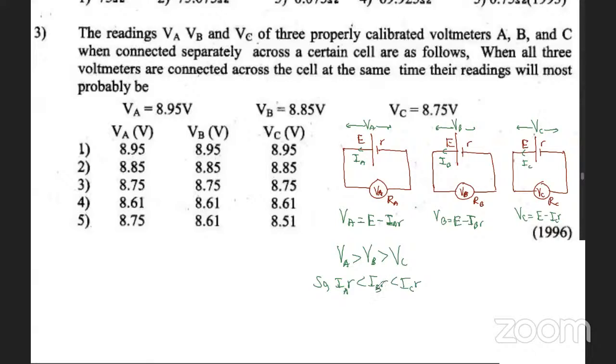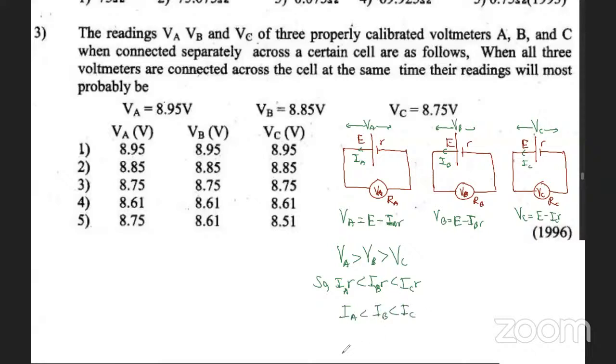Because if VB is a larger value, that means the value we have subtracted is a smaller one. If VC is small, that means we have subtracted a large number, because E is constant for everything. E is probably 9 volt. We don't know. It could be 10 volt also. That means IA, IB, IC.